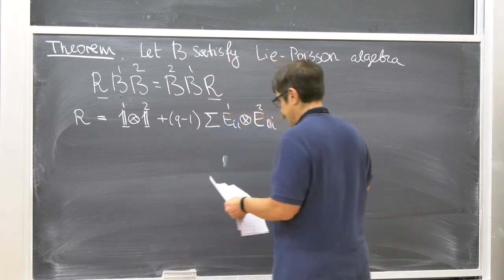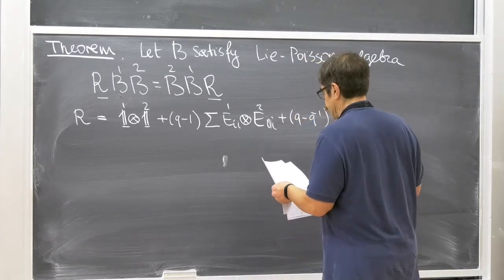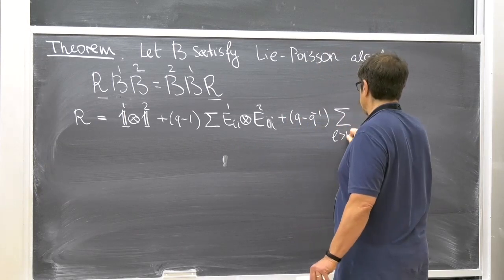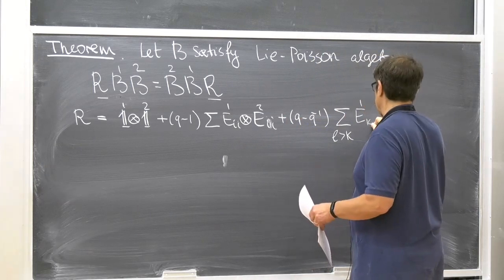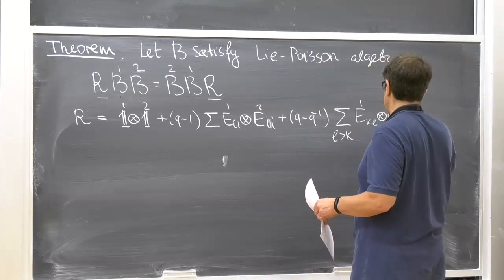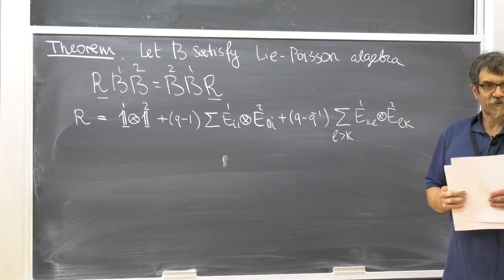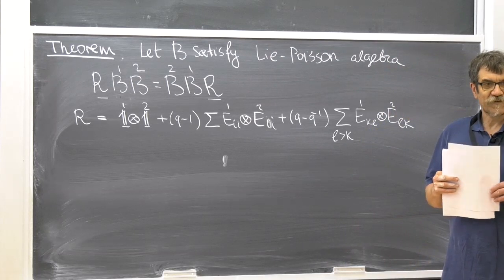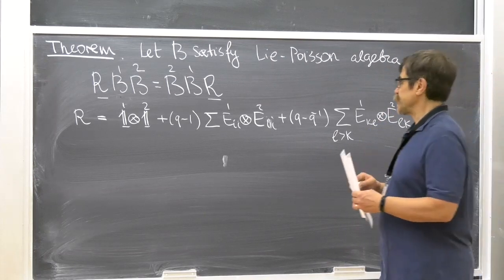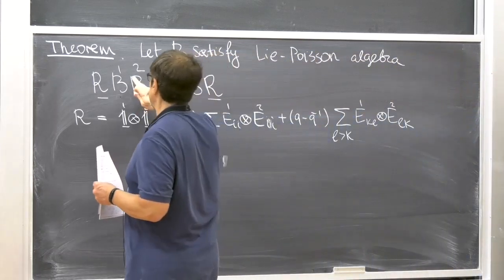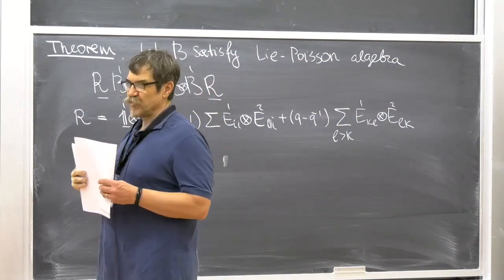Plus... again, this is the expression. I think the first R matrix that appeared in the literature was in the Kulish-Sklyanin papers. Well, good. This is the notation for the tensor product. Often I just remove this symbol.